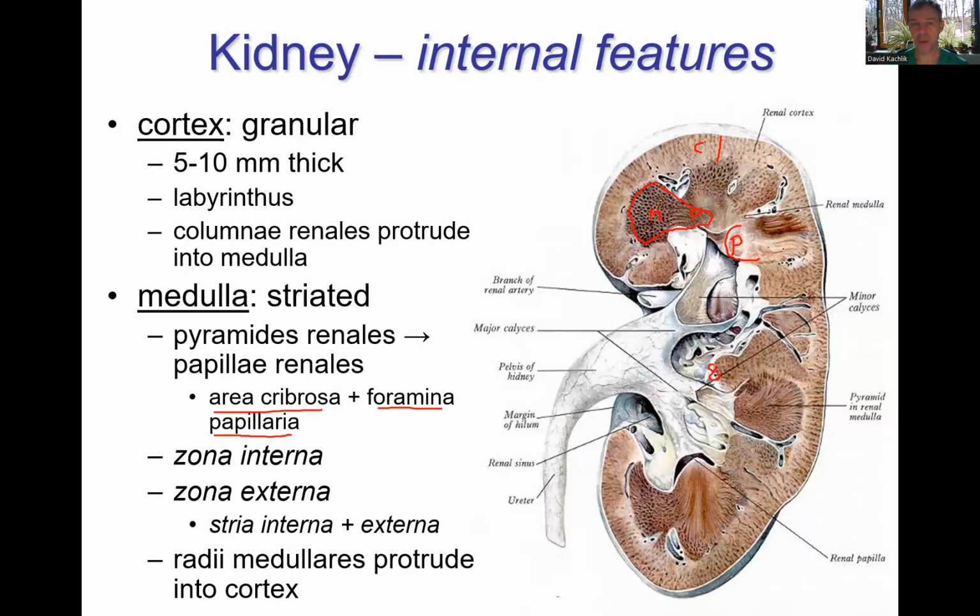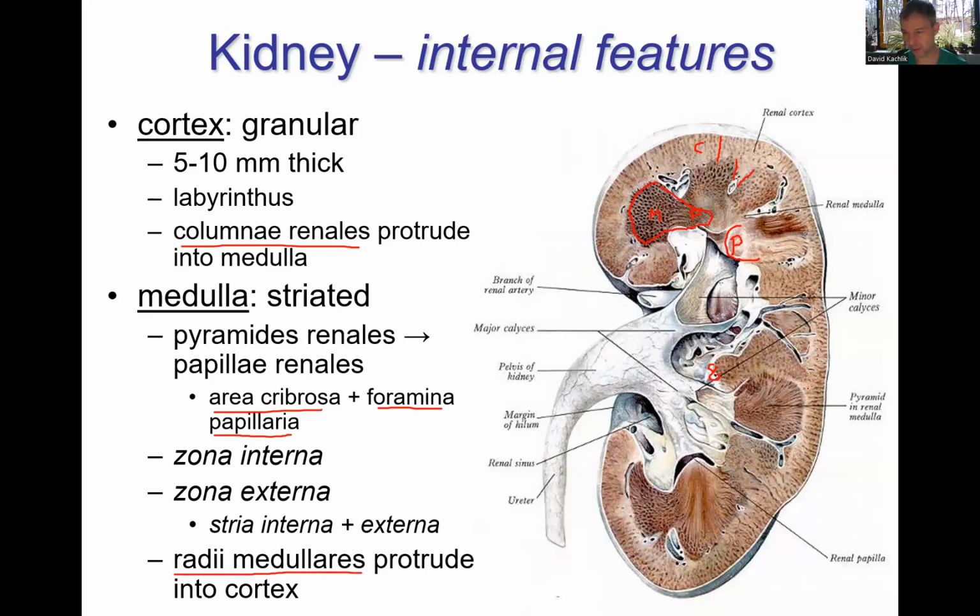We can see overlapping of the cortex and medulla. So the cortex protrudes into medulla as so-called columns, renal columns, and the medulla protrudes into cortex in so-called medullary rays.